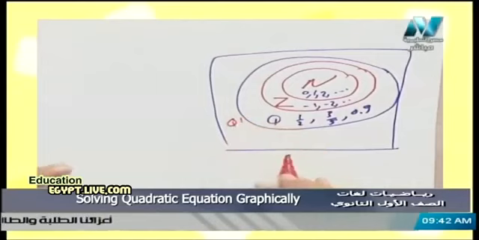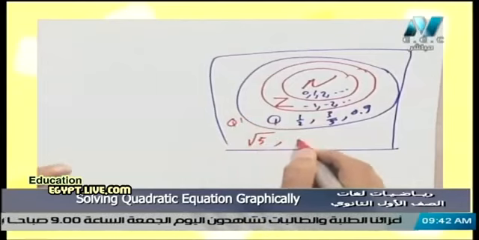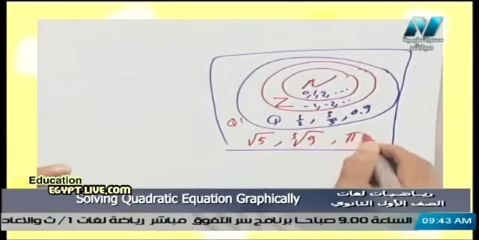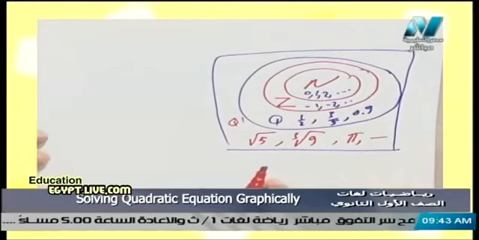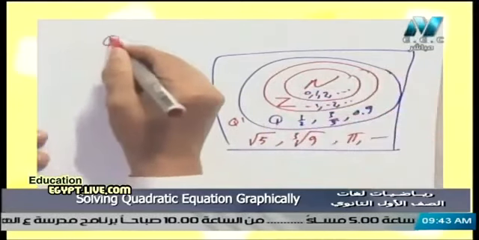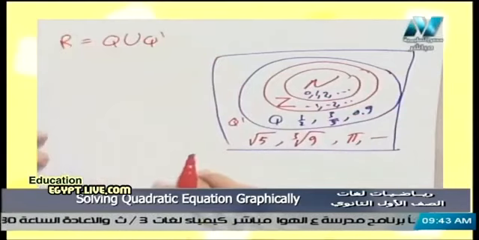Q dash here will be square root 5, cubic root 9, and pi as an example, and so on. All of these numbers, Q union Q dash, is R, which is the set of real numbers.